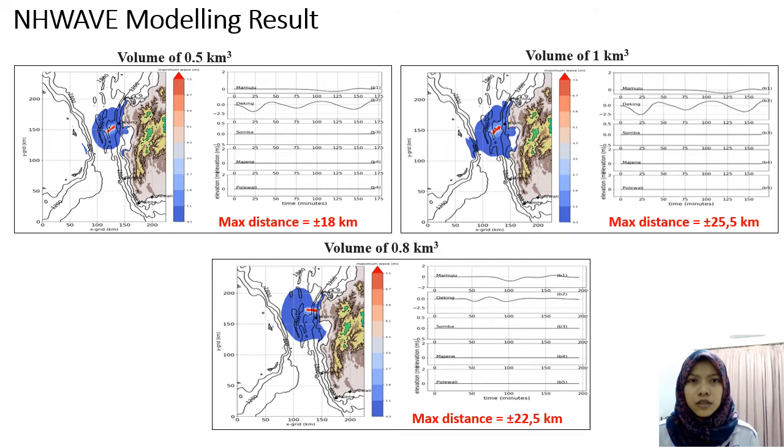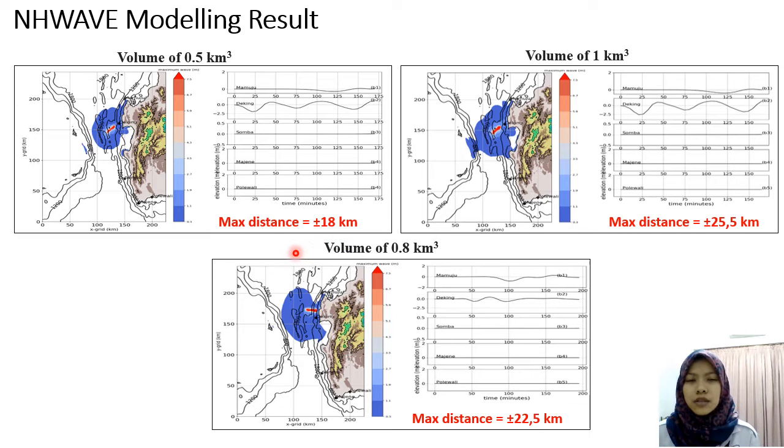This picture shows the result of NHWAVE simulation for three scenarios. It is seen that the larger volume of landslide will create a greater distance of tsunami wave. If the landslide volume is 0.5 cubic kilometer, then the maximum distance would be approximately 18 km.